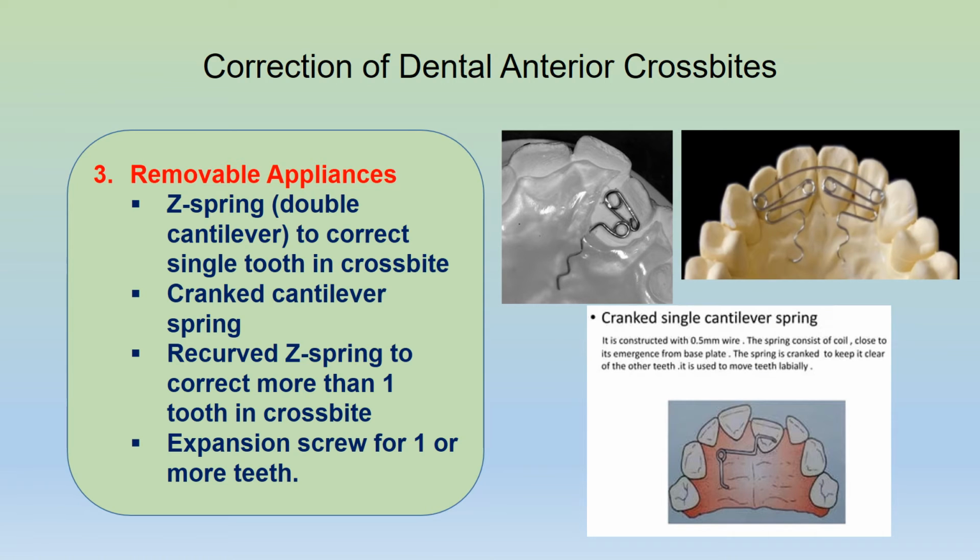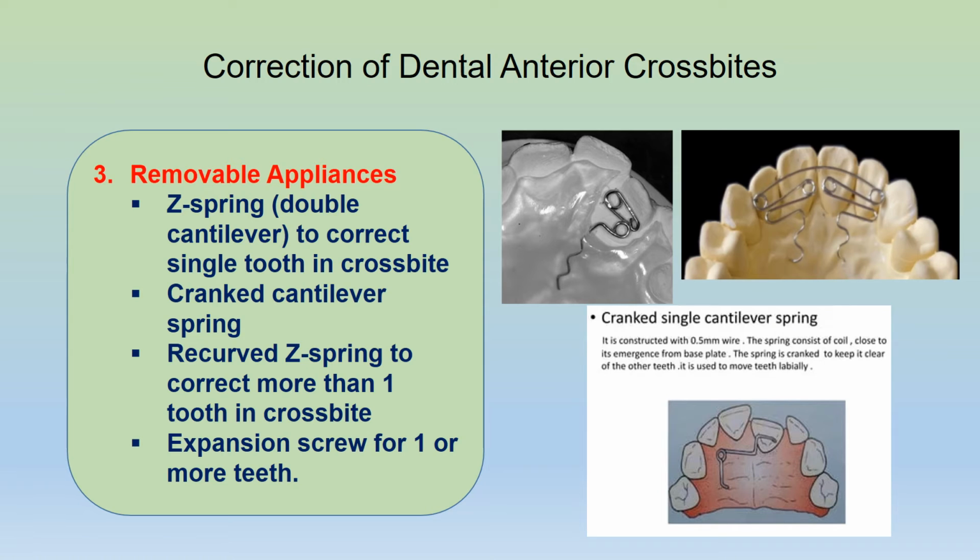Now, removable appliances can also be used. Various designs are available. This can be a Z spring or double cantilever spring to correct a single tooth in crossbite, as we see in this diagram here. You can have a cranked cantilever spring.